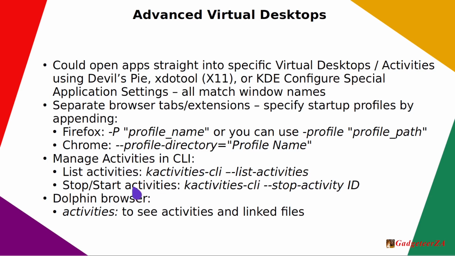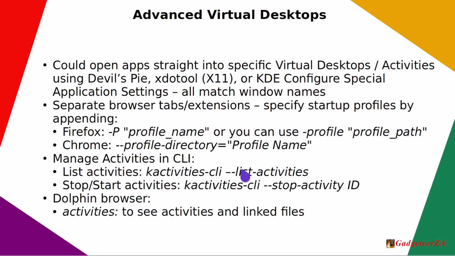Then the other thing I just talked about was the activities. There are also some command line functions, and maybe you can even set this up as icons or quick scripts. It's one way of seeing what activities on KDE are present, whether stopped, running or whatever the case is, and you can start and stop them from the command line themselves.